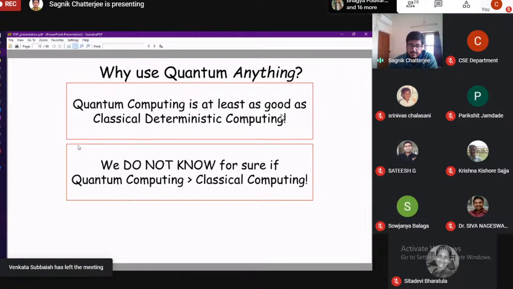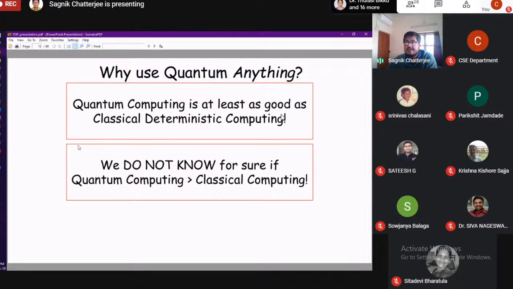However, this is a point which is very much misrepresented in mainstream media. We do not know if quantum computing is better than classical computing. Anyone who claims so is claiming it falsely. What we do know is whatever we can do in one case, we can do in the other case.